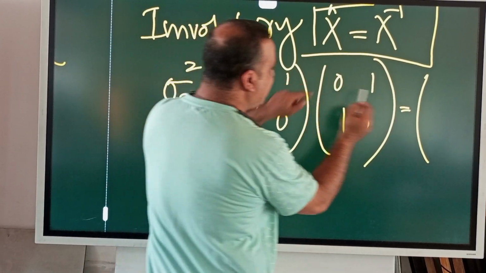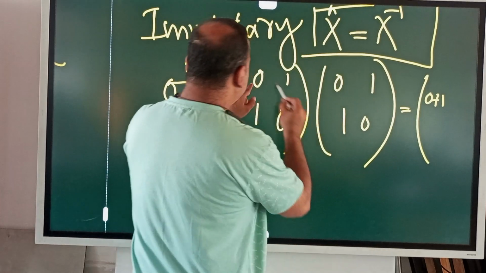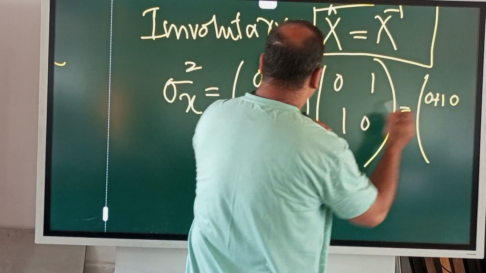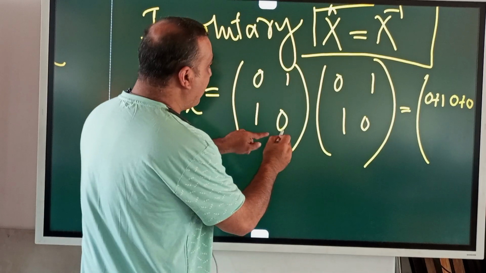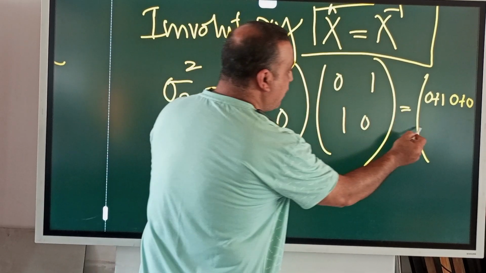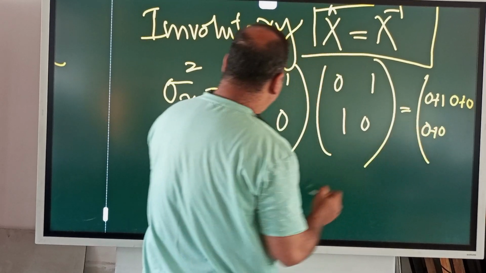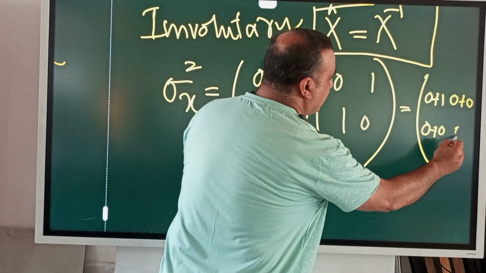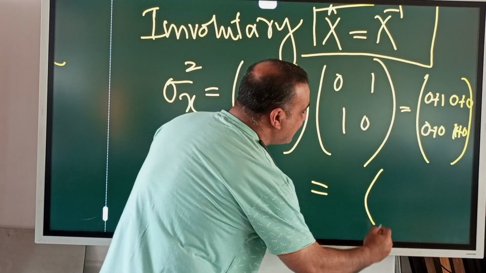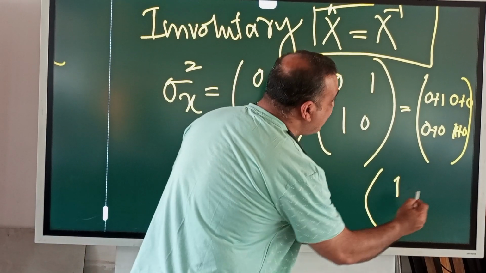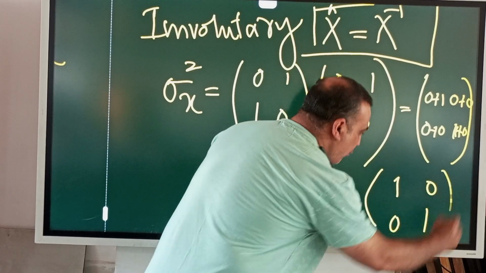This will give me 0 plus 1, and this will give me 0 plus 0. This will give me 0 plus 0, and this will give me 1 plus 0. So you will get 1, 0, 0, 1. And what is it?